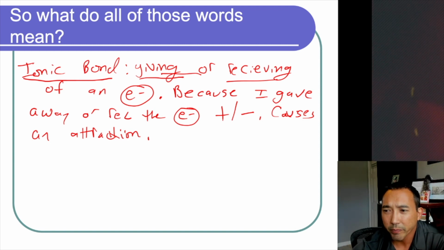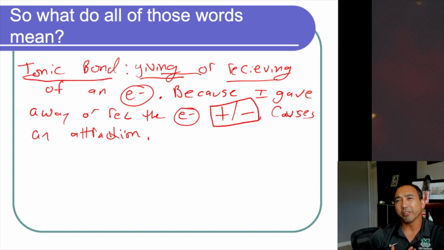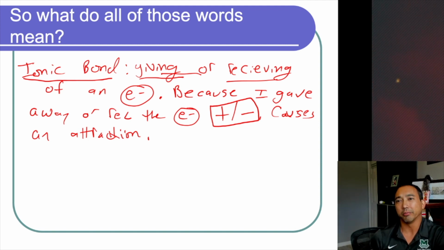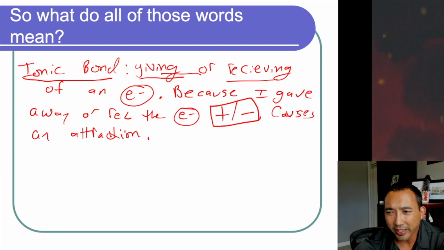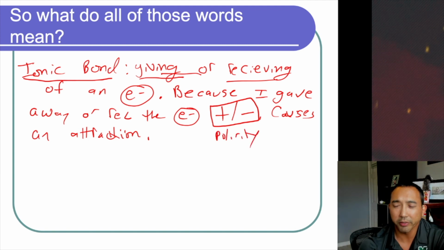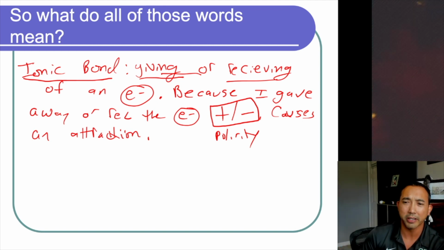Okay, so now real quick, the pluses and minuses have a name, and I always remember this. I always remember the North Pole and the South Pole. One is plus and one is minus. Well, this is called polarity. If there's a positive and minus, we have a polarity. We like polarities, pluses and minuses, okay?